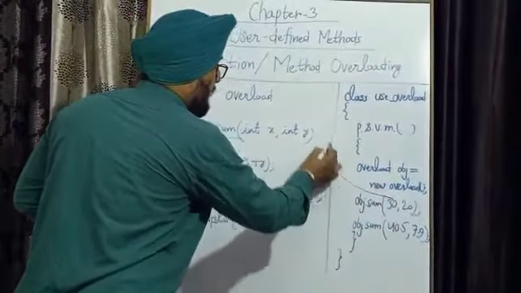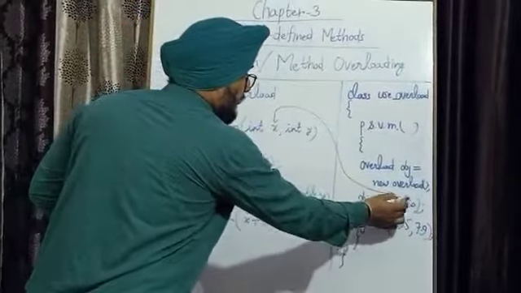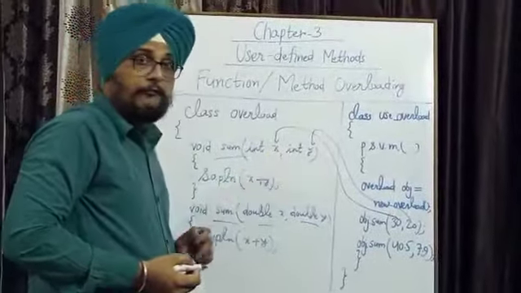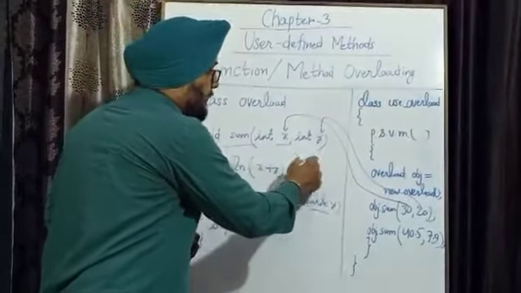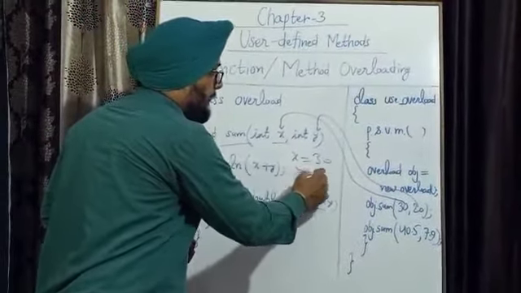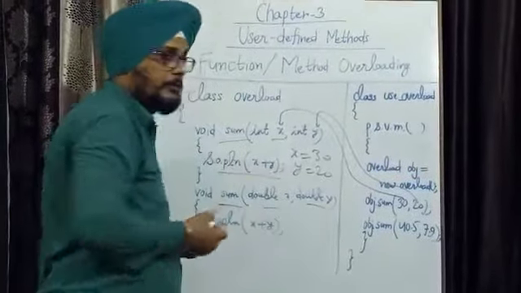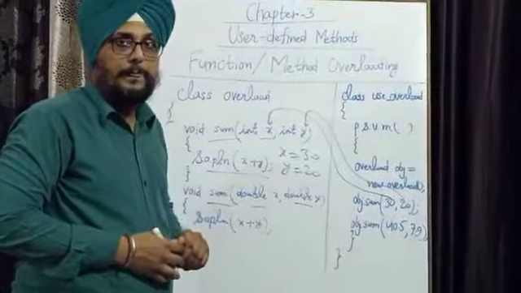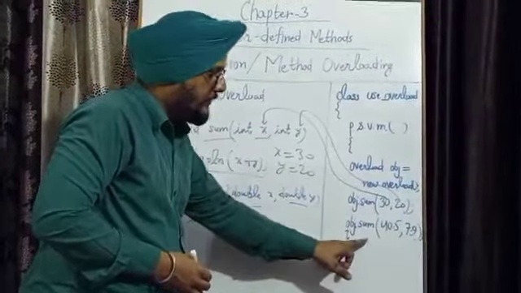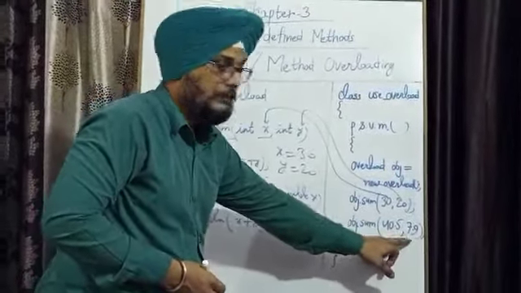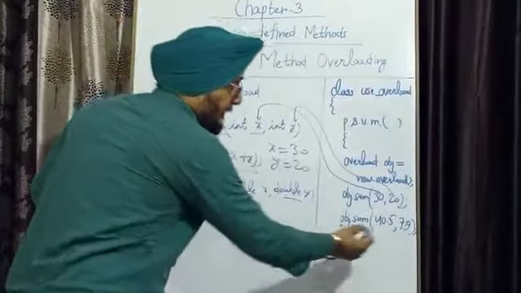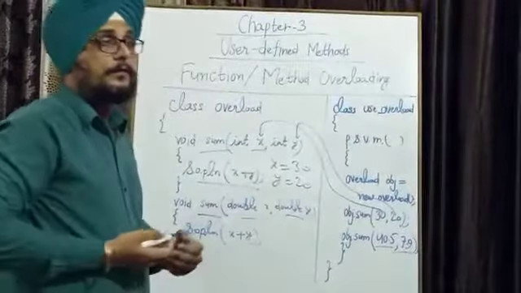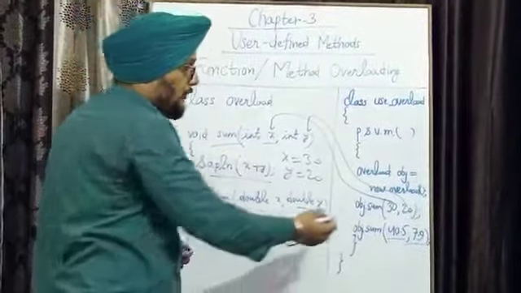So 30 will be copied into x and 20 will be copied into y, and this task will be performed, meaning 50 will be printed on the screen. Also obj.sum(40.5, 7.9): seeing these two values, your compiler will automatically jump to that particular sum function where two double values are passed.